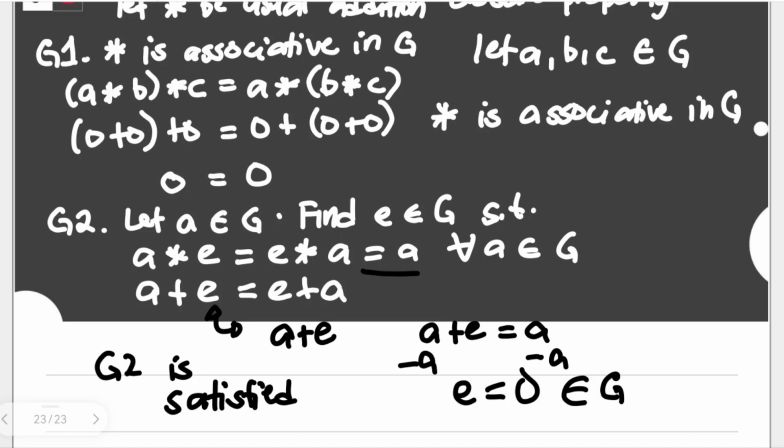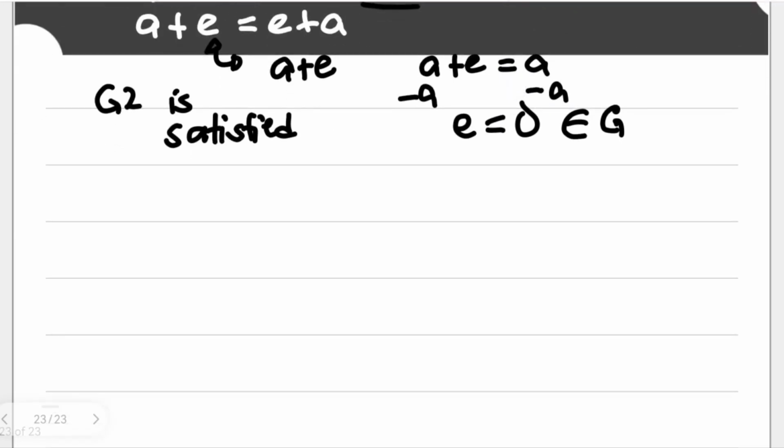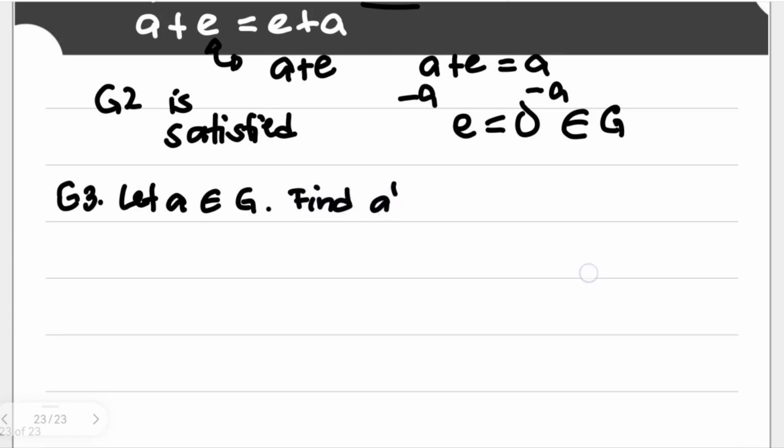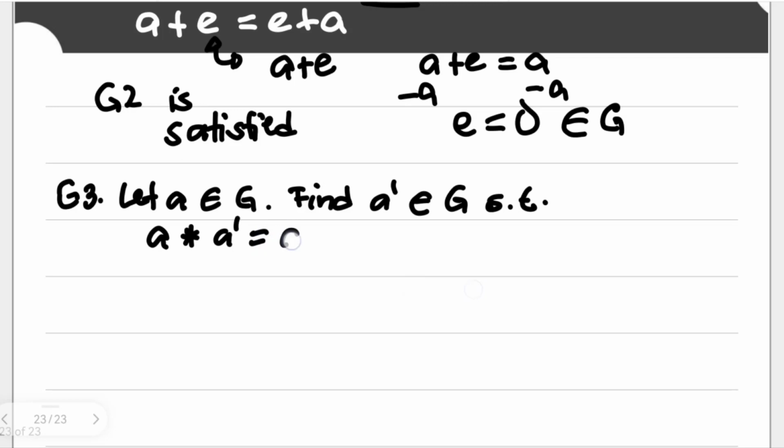Let's proceed to the last condition for a group, G3. For G3, we let A be an element of G, and we need to find the inverse of A, which is also an element of G, such that A star A inverse is equal to A inverse star A equal to E, which is 0.